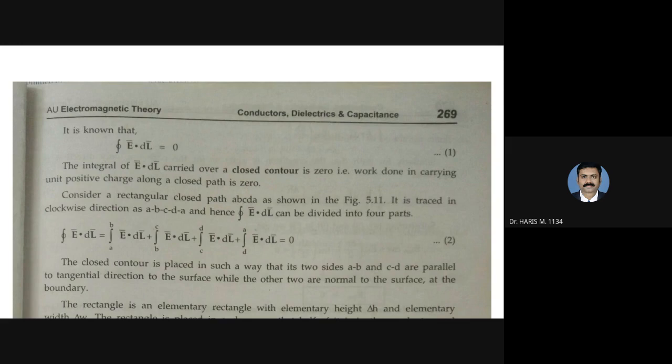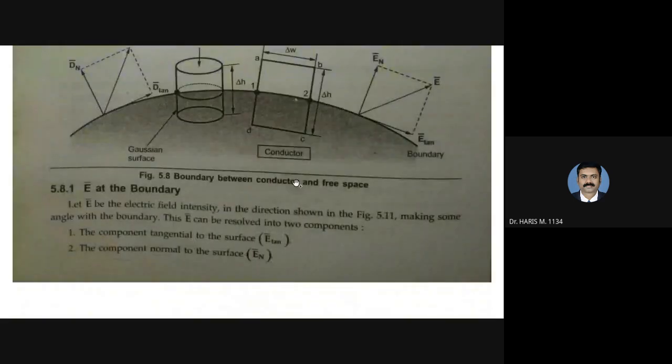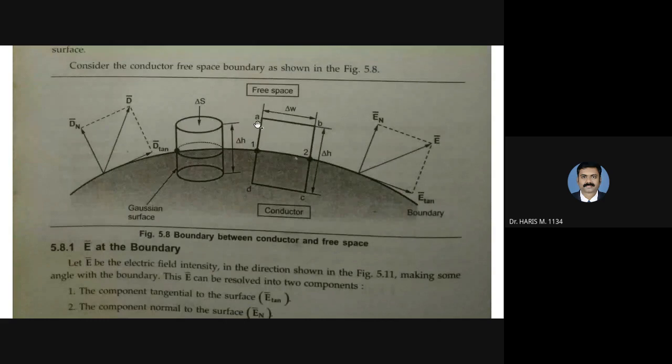So first, let us see the rectangular case. In the picture, you have drawn a rectangular closed path A, B, C, D, A. So this is a closed path. There are different types of surfaces present over there. A to B is present over the conductor, that is, in the free space.